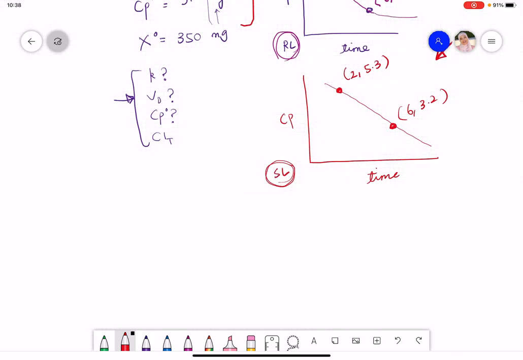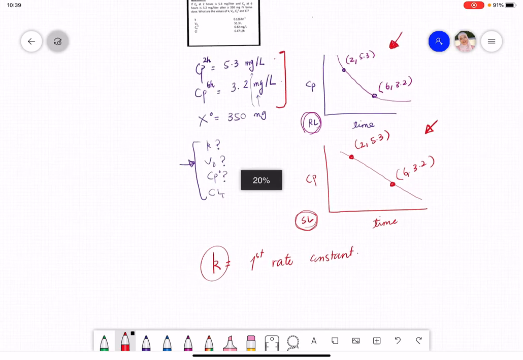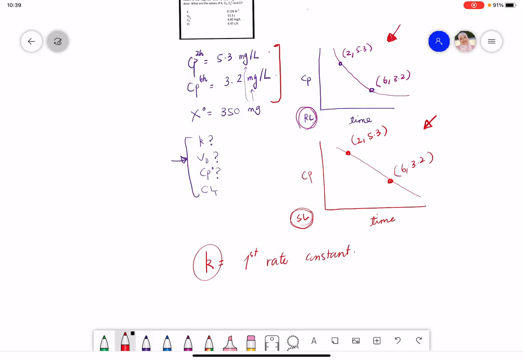So to determine K, which is the first order rate constant, we know that if we have the equation, we can determine it from linear regression, but we don't have the equation.